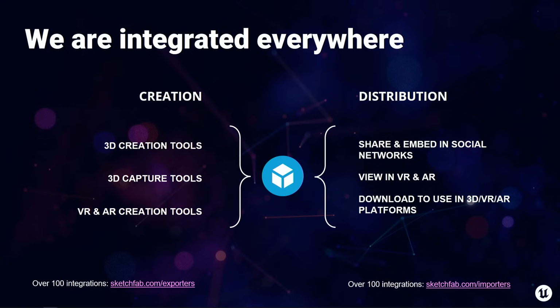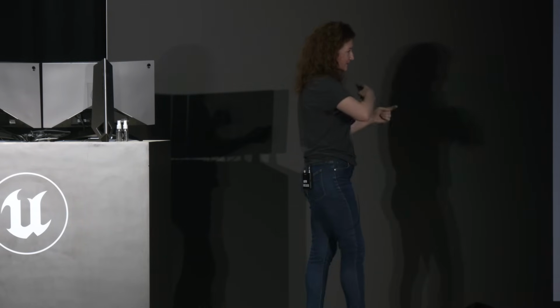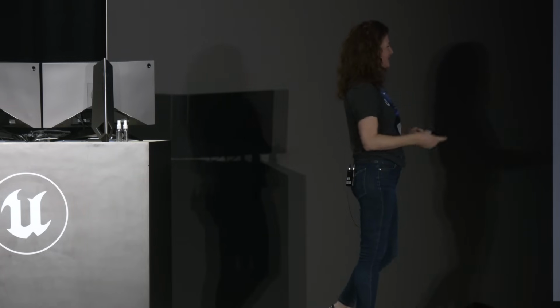You can embed your model on any site, as I said before, view them in VR and AR, and also continue the creative process by importing them into other software. So you may create a scan in Reality Capture, upload it to Sketchfab, and then download it into Spark AR, for instance, to make a really cool AR filter for social media. So it can just keep going through the different tools.